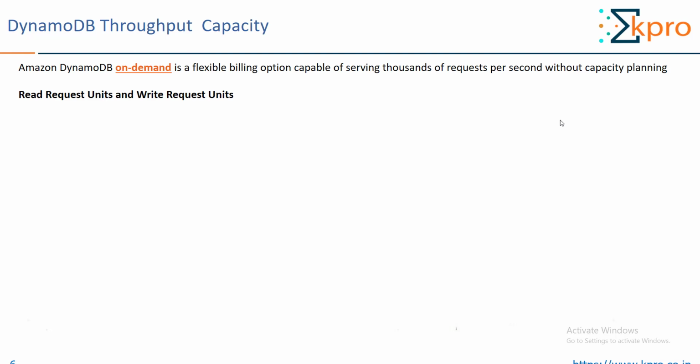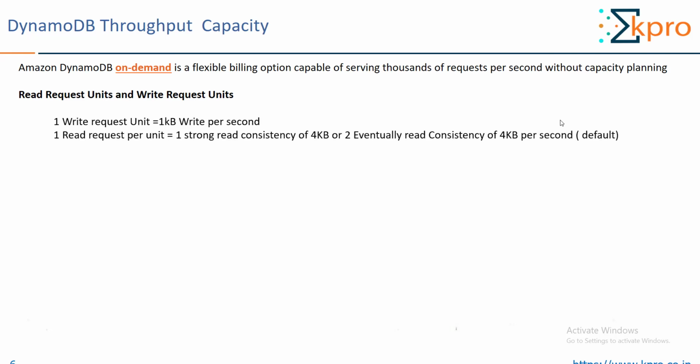But what are this read request unit and write request unit? One write request unit is equal to 1 kilobyte write per second.